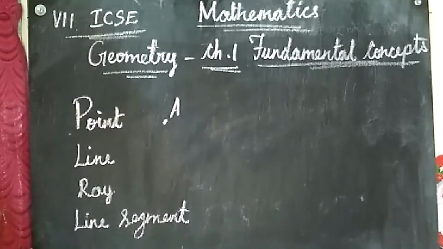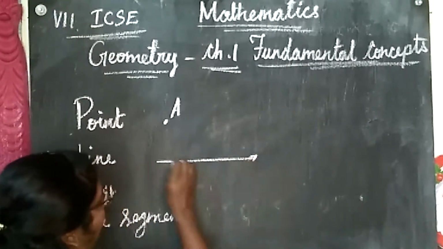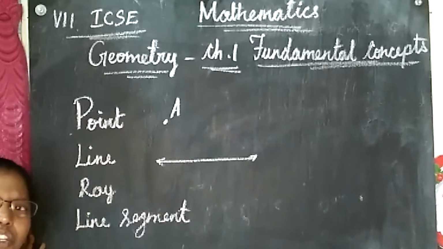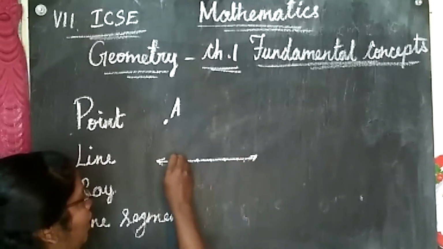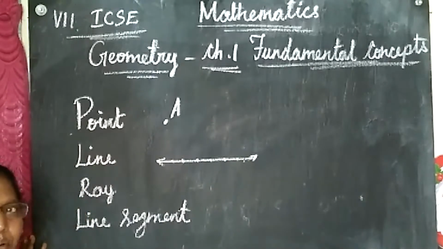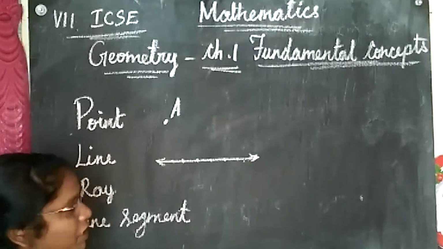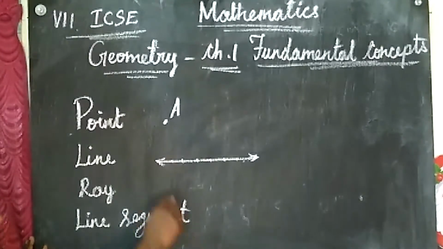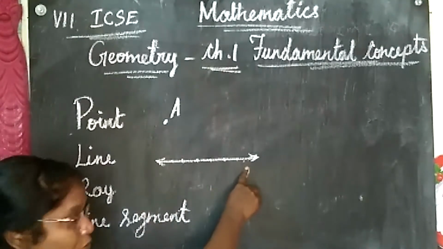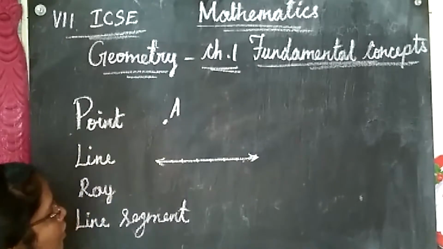Line means what? Line is a collection of many points, and we can extend it in both directions. We don't have any fixed point on either side.